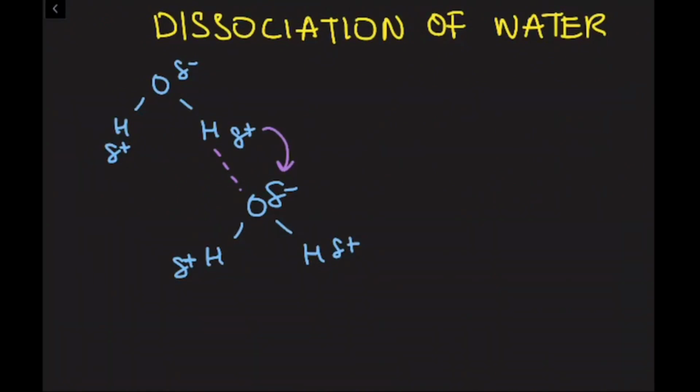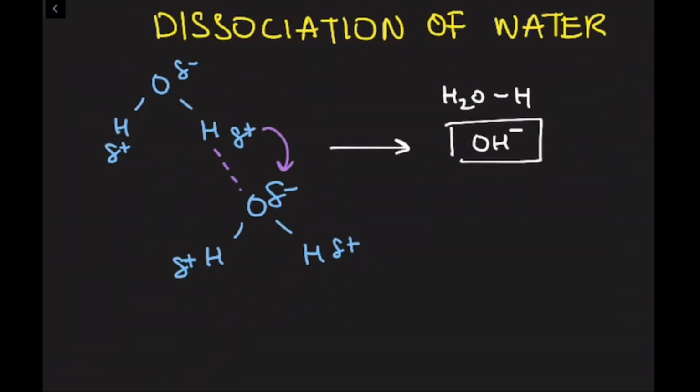So what we end up with is a water molecule, which is H2O, minus a hydrogen, so we get OH. But because the hydrogen left behind its electron, this molecule has an extra electron, so it has a negative charge. This is called a hydroxide ion.